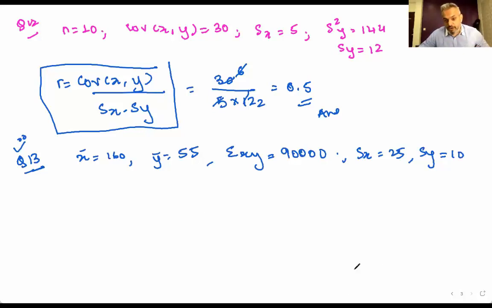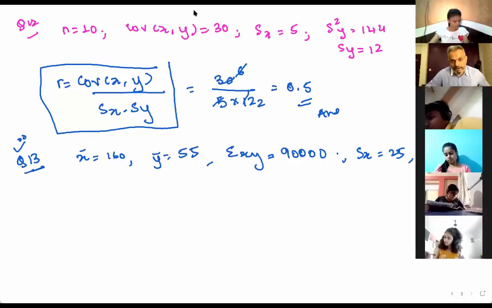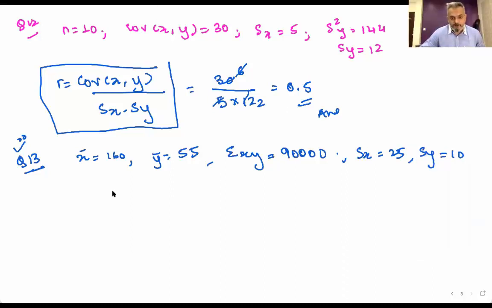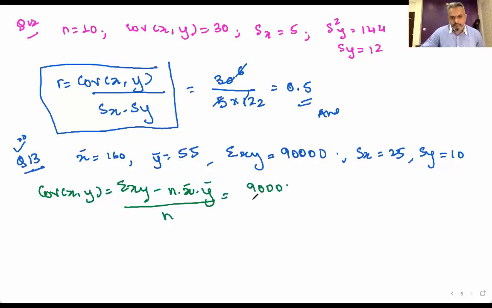Now, which formula will we be using over here? Can you tell me? For covariance, which formula will we be using? Yes, the sigma xy formula. So first, covariance x comma y is equal to sigma xy minus n into x bar into y bar, upon n, which is equal to 90,000 minus n.